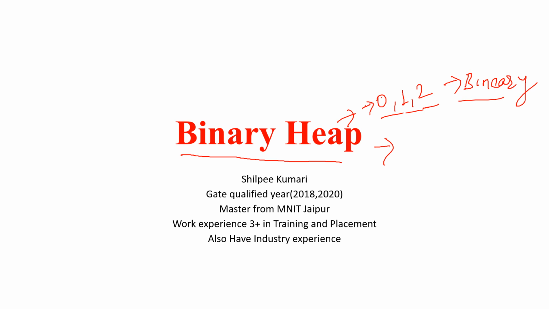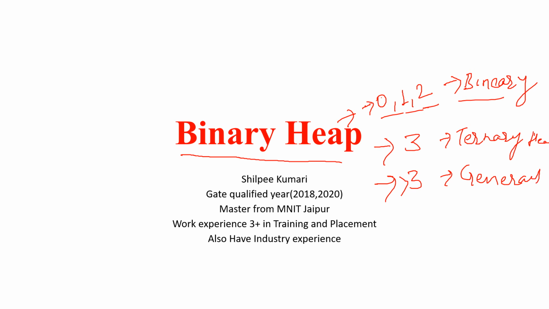Another is a heap tree having 3 children, that's called a ternary heap. If a tree is having more than 3 children, that's called a general heap.